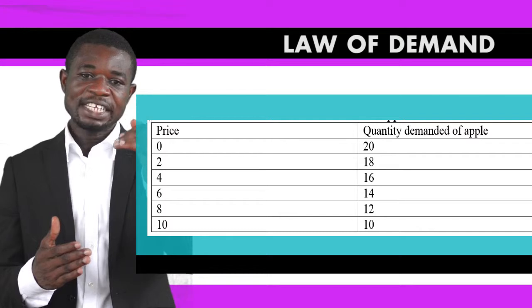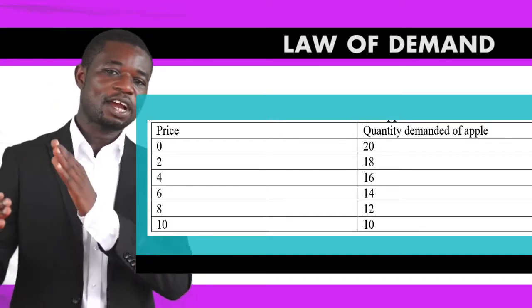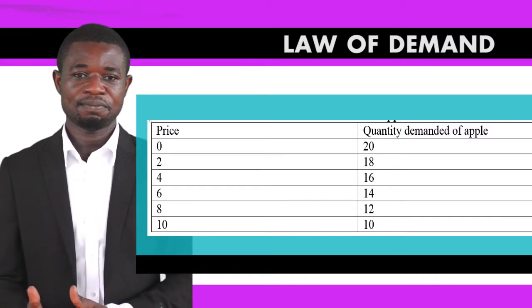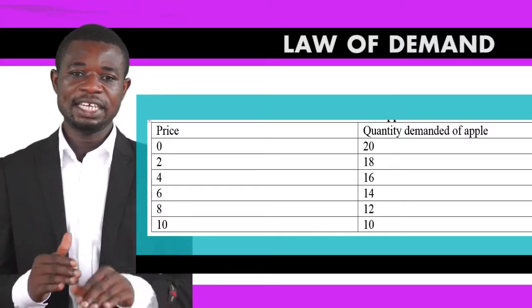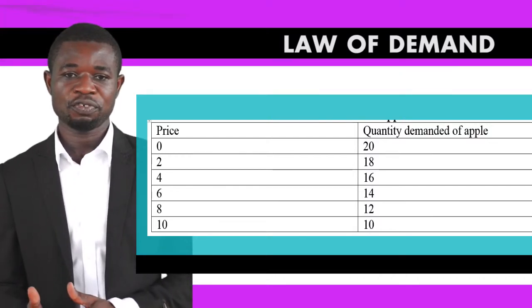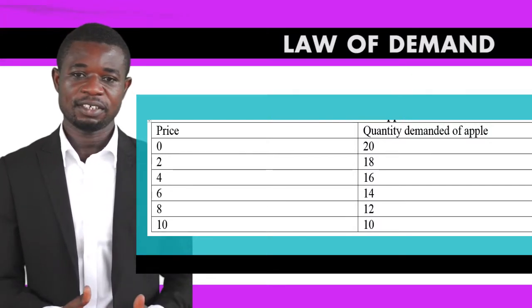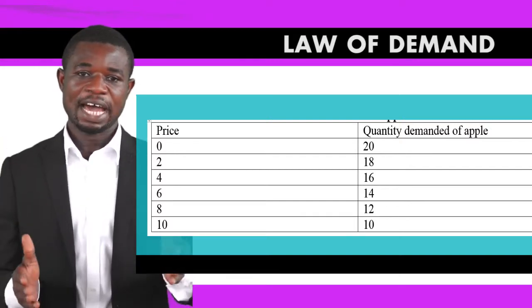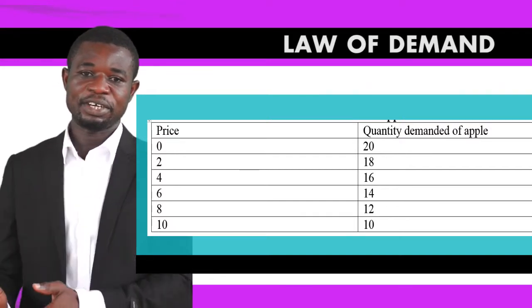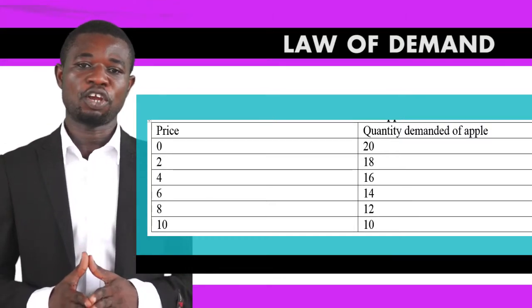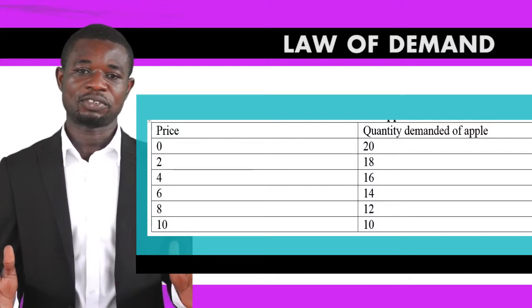But as the price is increasing, you realize that the quantity demanded also falls in one particular order, falling from 20 to 18, to 16, to 14, to 12, and to 10. So you realize the inverse relationship. As the price increases, the quantity decreases. And that is exactly what the law of demand talks about.